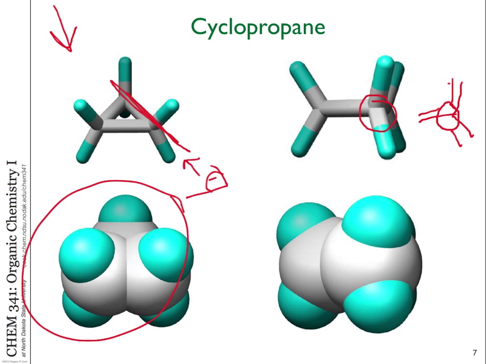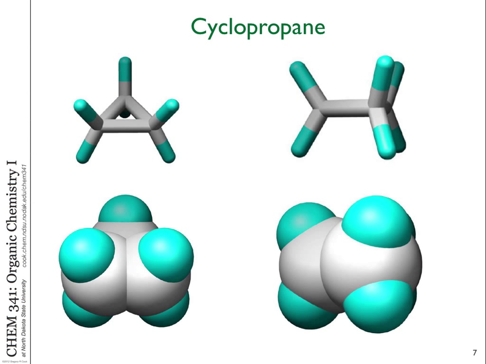Okay, does that make sense? And so that's kind of what we're looking at. Let me just erase that so we'll have a clean slate here. What you notice if you're looking at this from front to back is that those hydrogens are eclipsed. Okay? They are fixed in that position. There's no room in this ring to allow any real rotation about any of the carbon-carbon bonds, because it's only 3 atoms defining one plane.